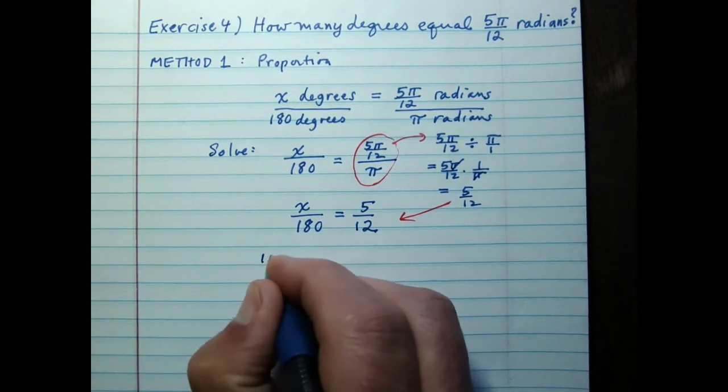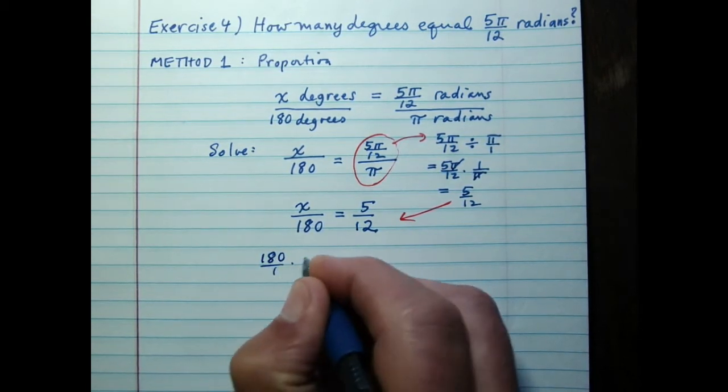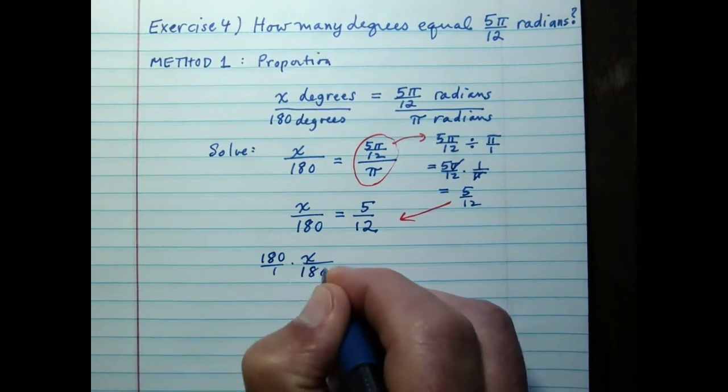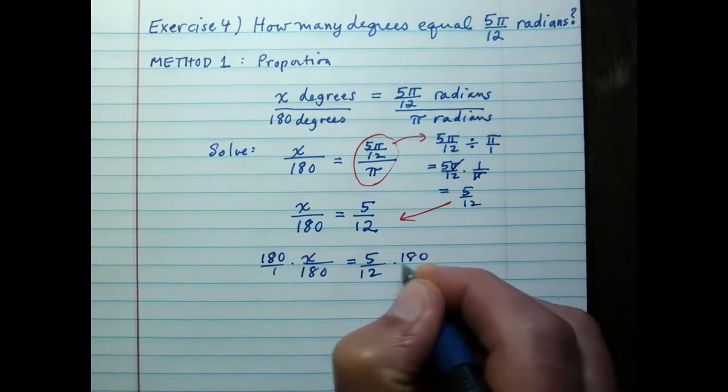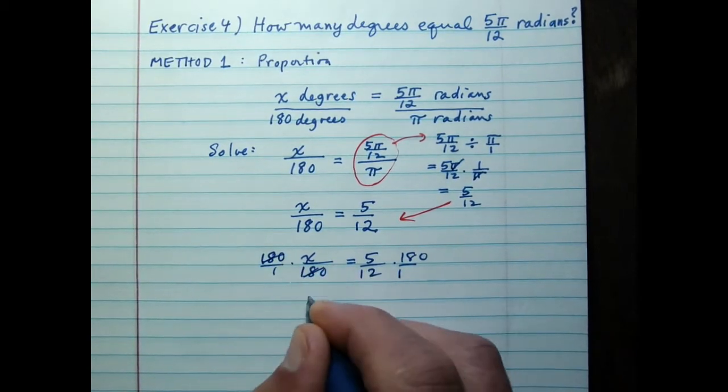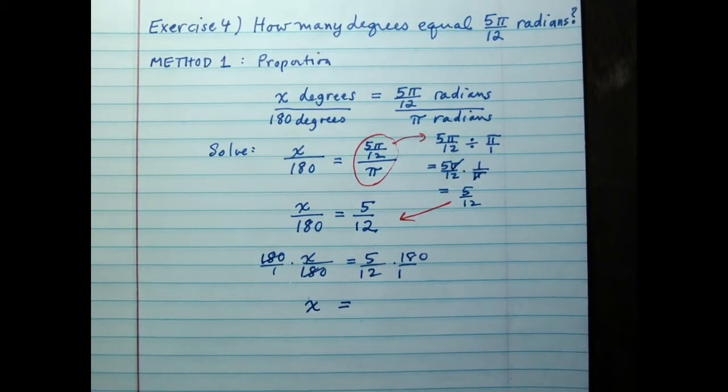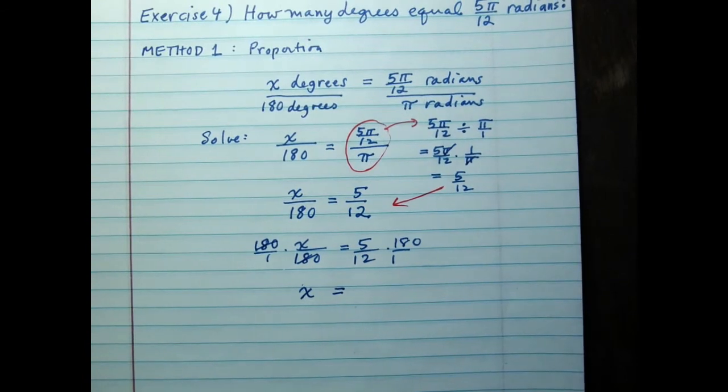And then it's pretty easy here, I can multiply both sides by 180, and I have x is equal to 5 times 180 over 12.